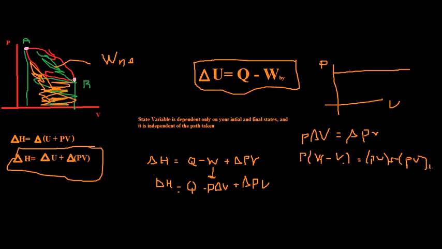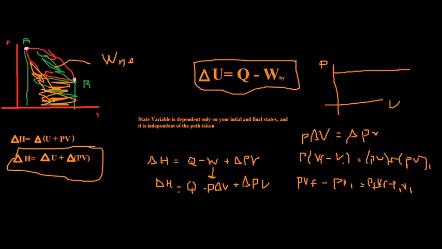So if you factor everything, you would get P times V final minus V initial equals P final V final minus P initial V initial, right?